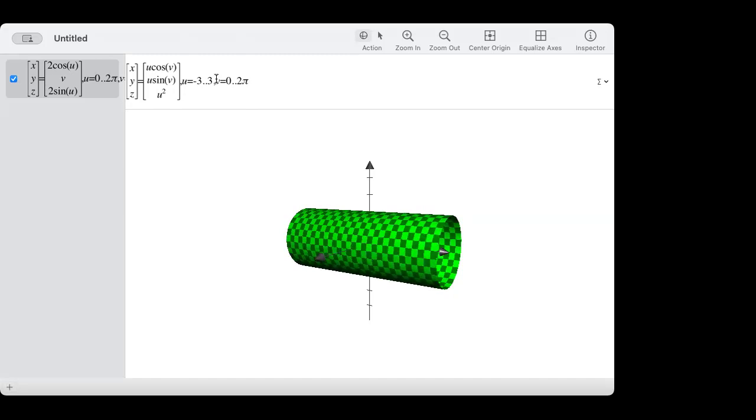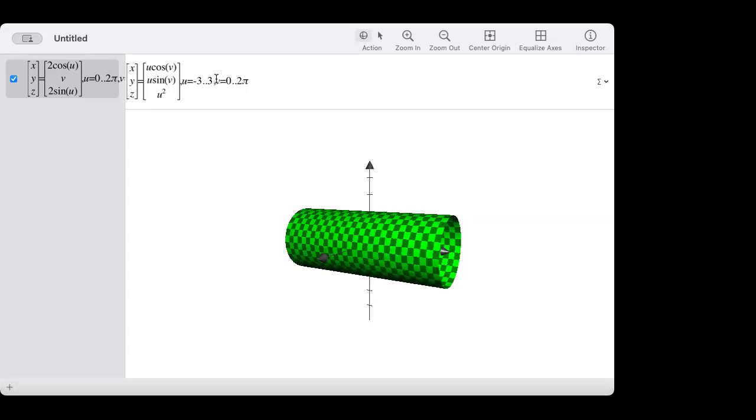Let's fix v. If I fix v, v says cosine v, sine v, right? Cosine v, sine v gives me a point on the unit circle. That's a direction. So if I fix v, it's saying in x and y, go a particular direction. How far? That depends on the value of u.